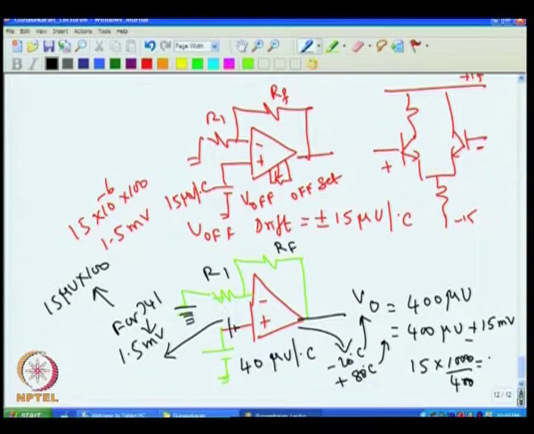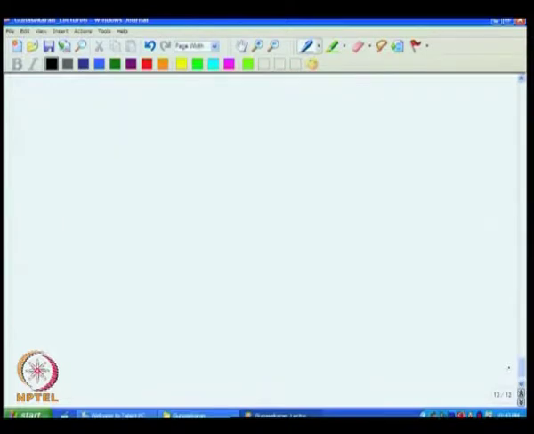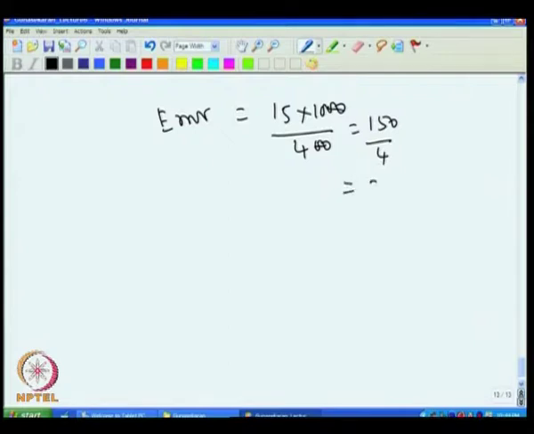That comes to 150 by 4, that is 37.5 degree C error.